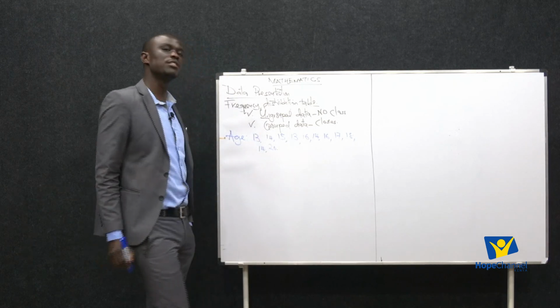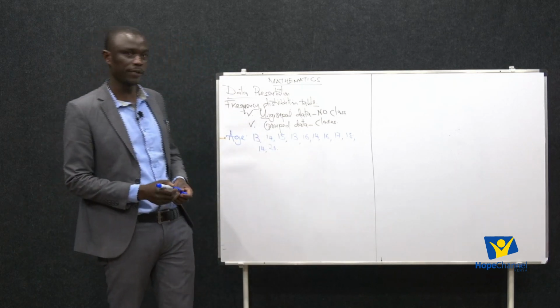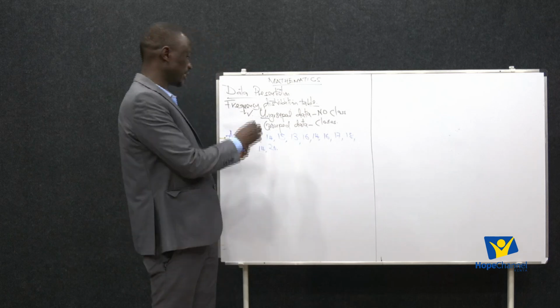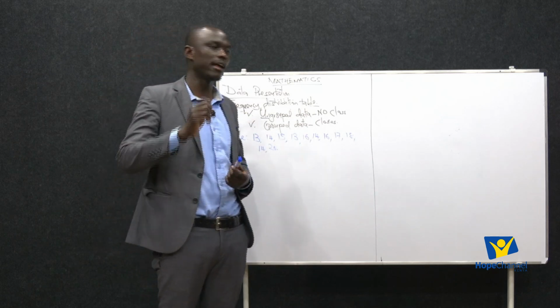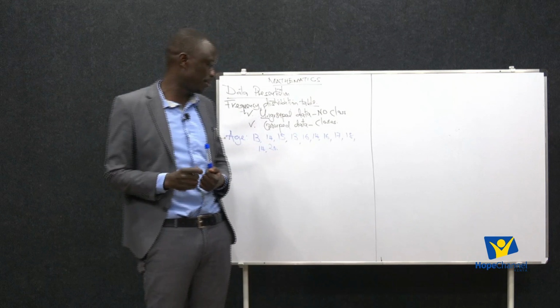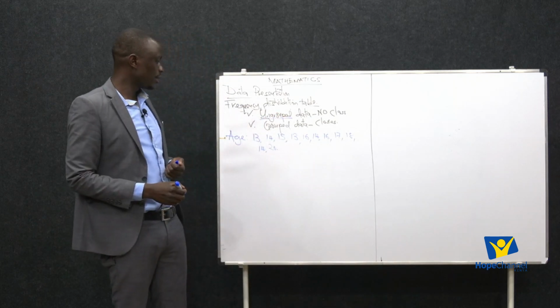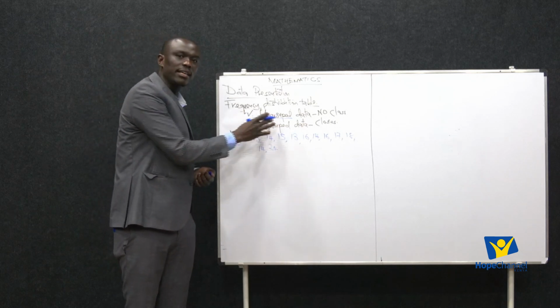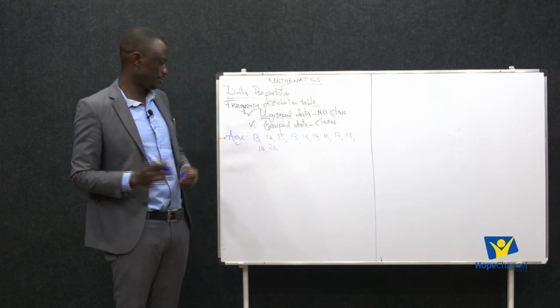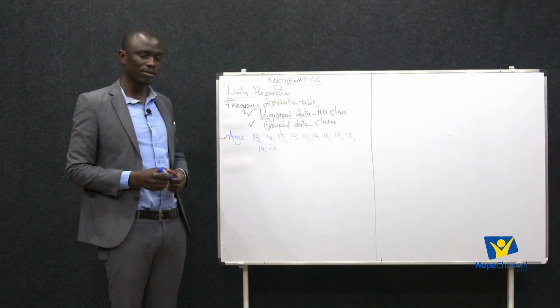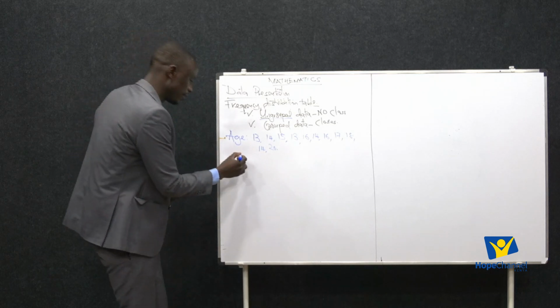Maybe the oldest student in that class is 20. So we want to present this data in a frequency distribution table using ungrouped data. Presenting this data is very, very simple.